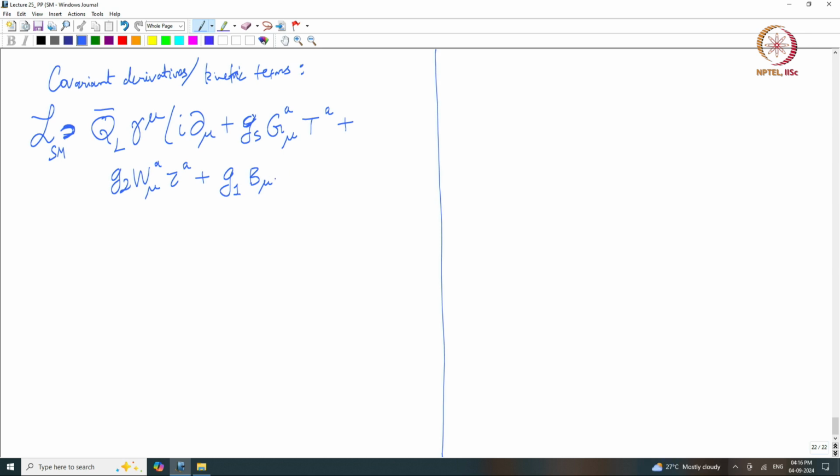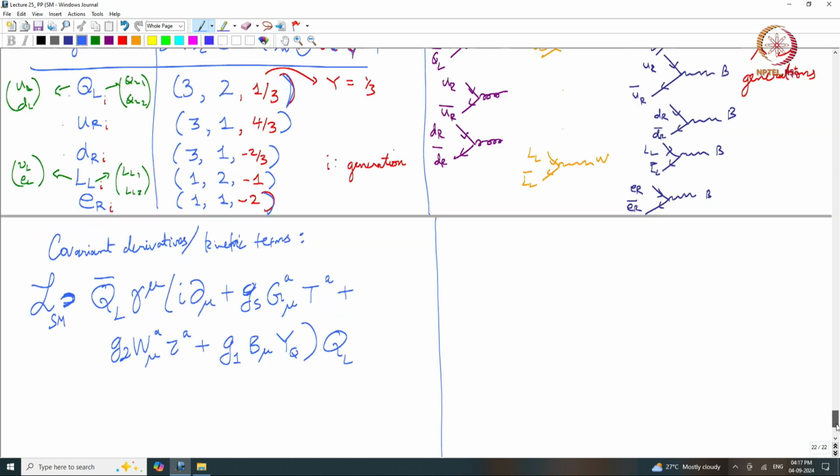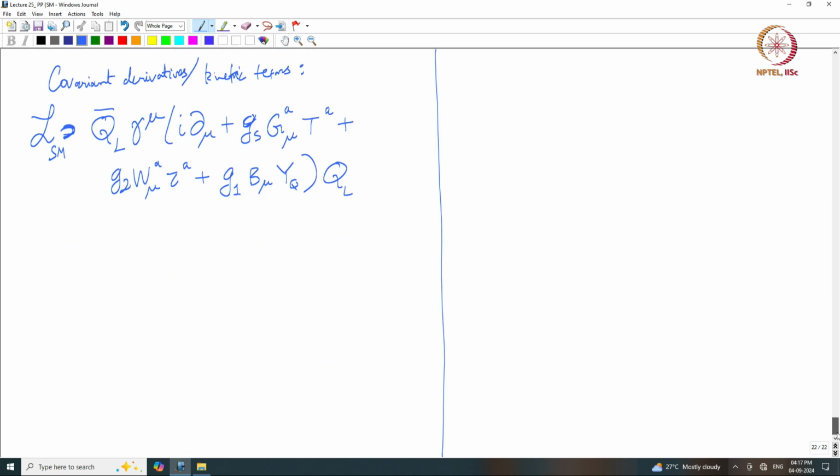So, I have the B boson, and remember we had a Q in front when we wrote QED. Instead of Q, I am going to write YQ. That is the hypercharge, okay. And I am going to write another Q, do not get confused, this Q is the quark field, okay. And in this case, what did we decide was YQ? 1/3, right?